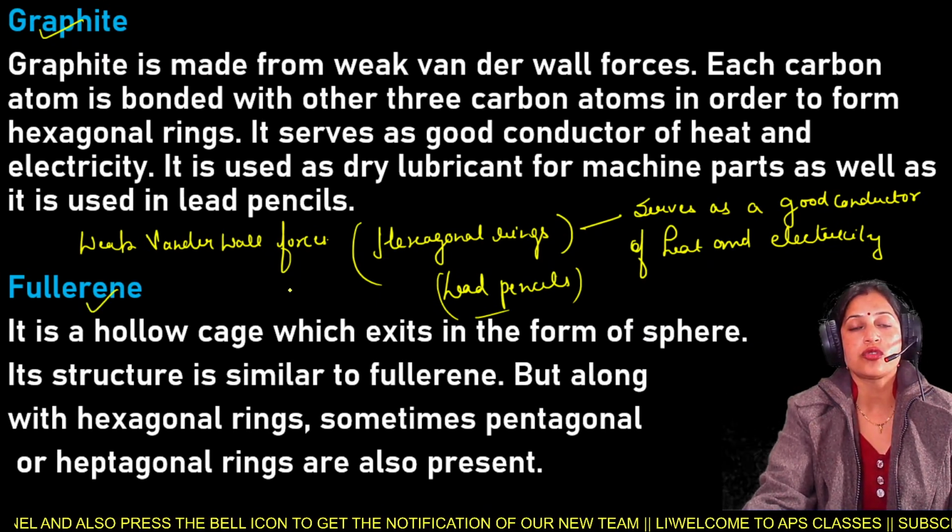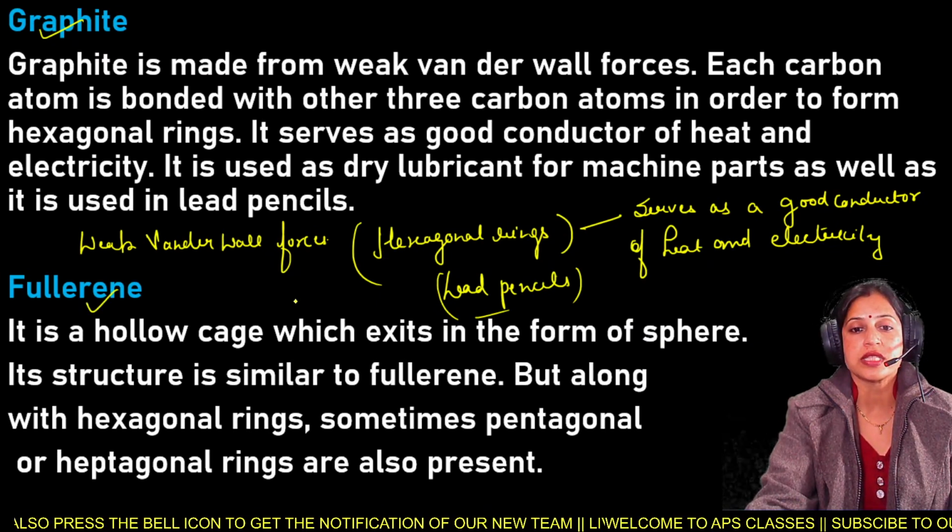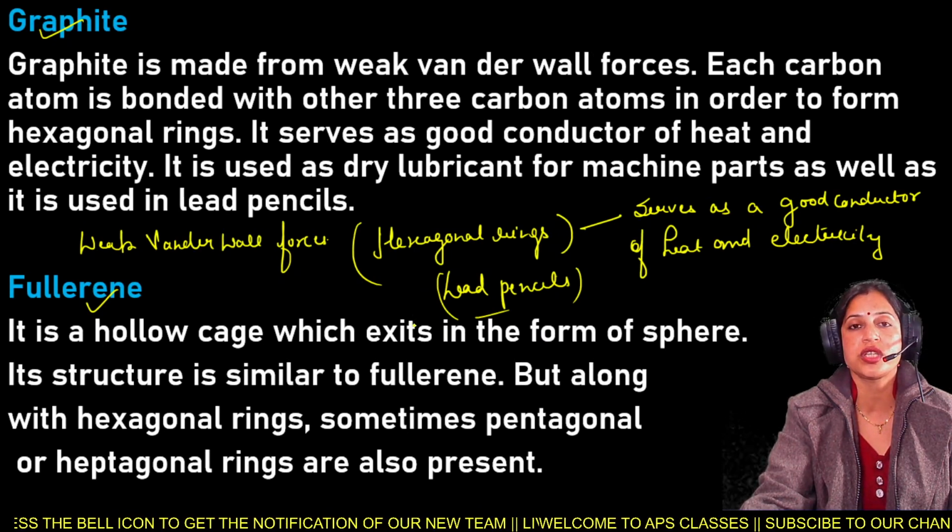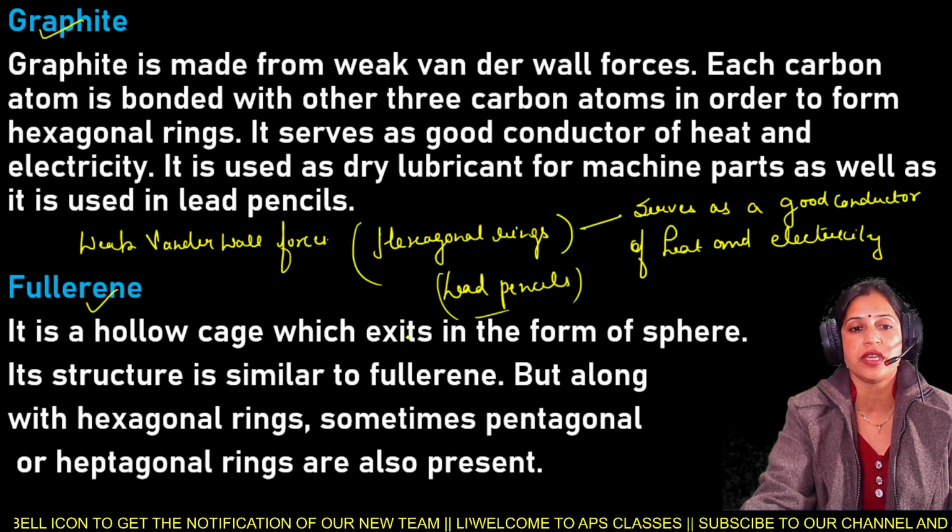The third allotropic form of carbon is the fullerenes. It is a hollow cage which exists in the form of spheres.